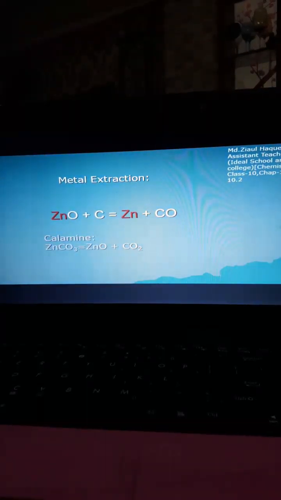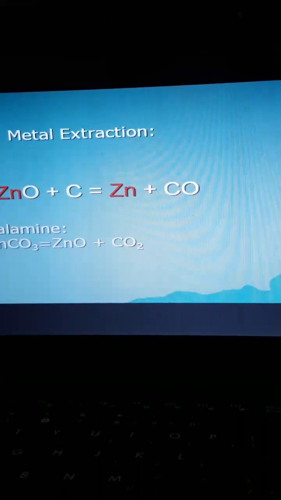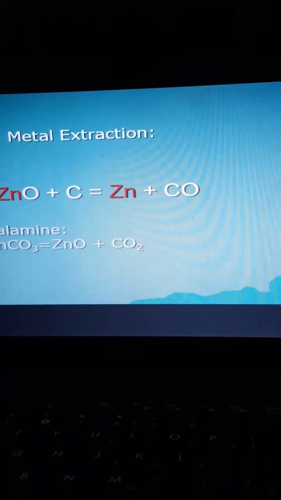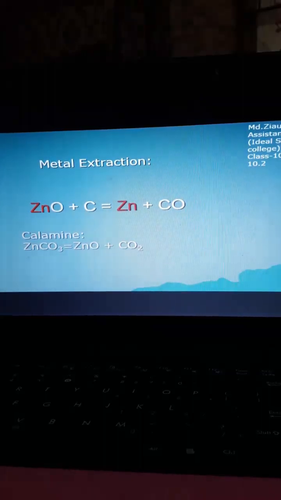So I think you can understand easily: zinc carbonate means zinc oxide plus carbon dioxide. So ores will be collected through different processes, and from the ore we can extract zinc by some processes: electrolysis, carbon reduction and self reduction or auto reduction.